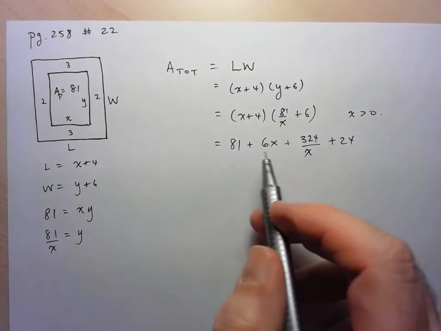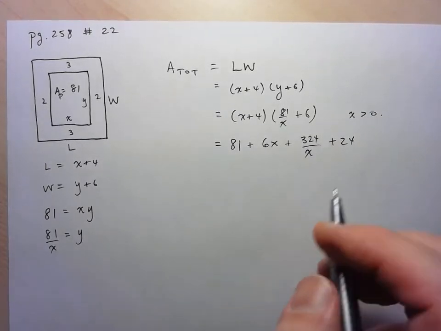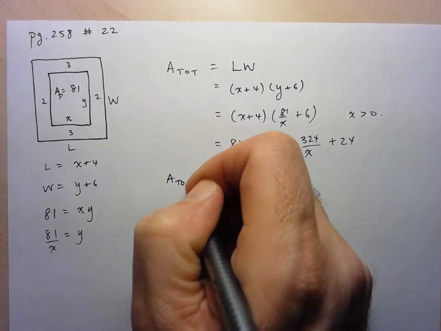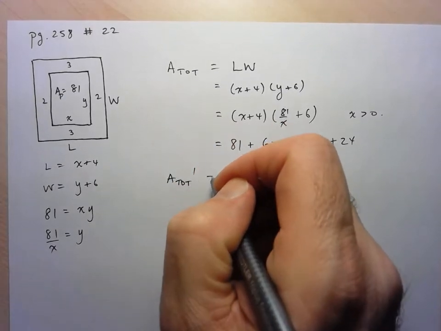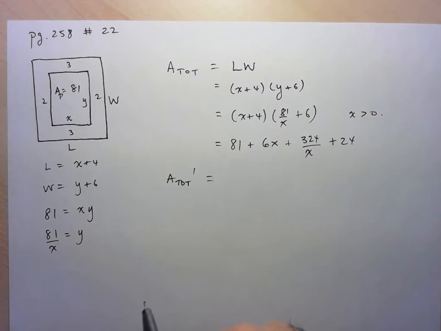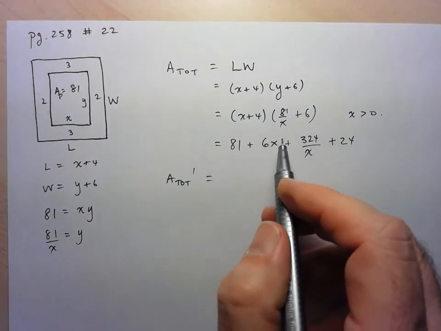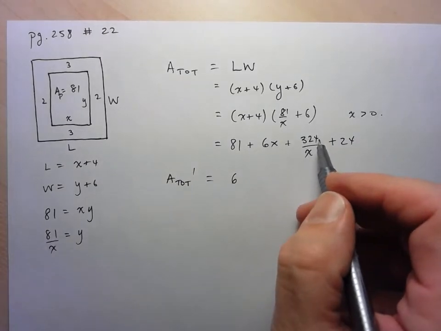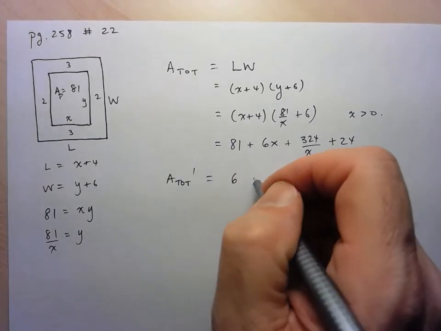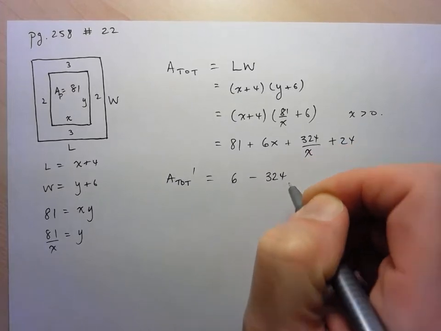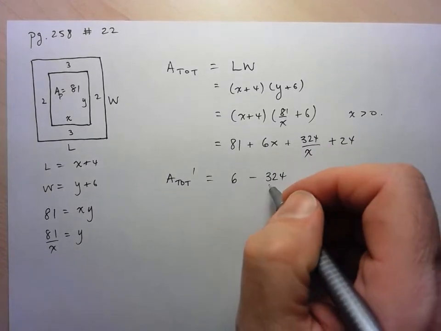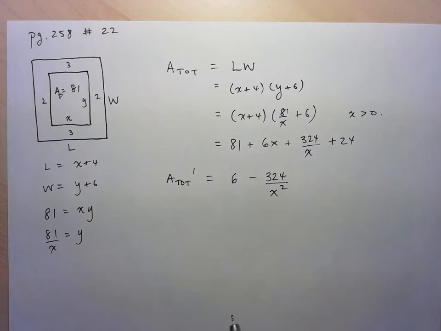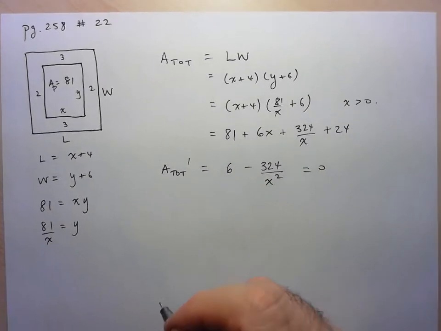I'm not even going to bother adding these together, because I know that when I take the derivative, they're both going to disappear because it's derivatives of constants. Okay, so here derivative of 6x is just 6, and then here this is 324 times x to the minus 1, so the negative 1 will come down, so minus 324 times x to the negative 2, so over x squared. And you need to make this equal to 0, and a fairly easy equation to solve.